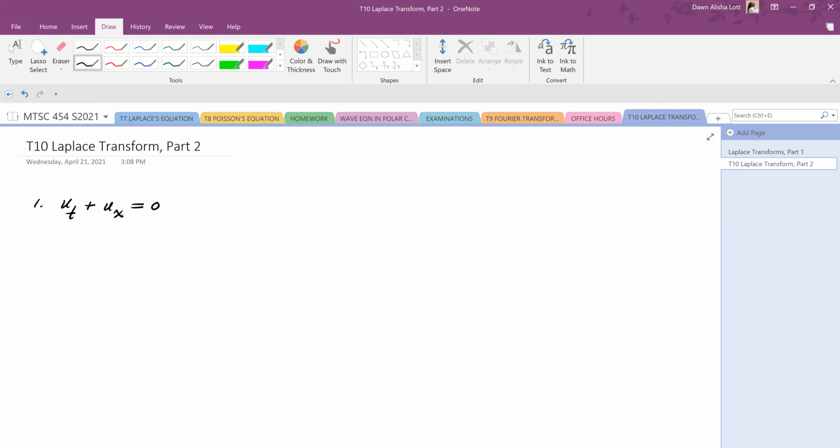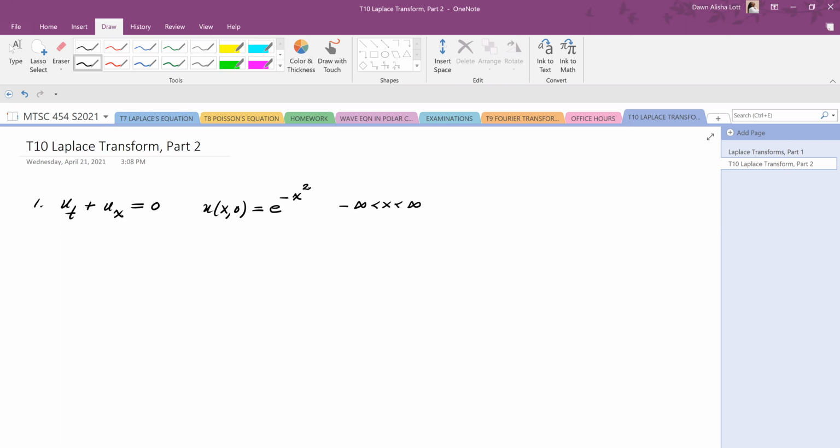Originally I said u(x, 0) equaled e^(-x). If I'm on the interval minus infinity < x < positive infinity, that is not possible, so this would have to be e^(-x²). Okay, that's what it has to be.